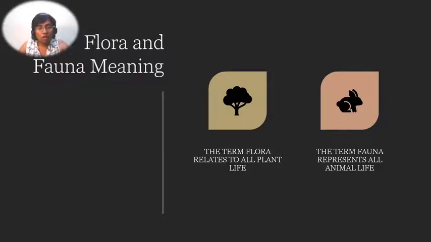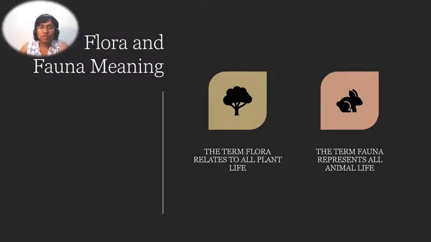And what is fauna? Fauna is nothing but the animal life. Fauna represents the animal life indigenous to a certain region. As per Roman mythology, Fauna or Faunus is the name of the goddess of fertility.